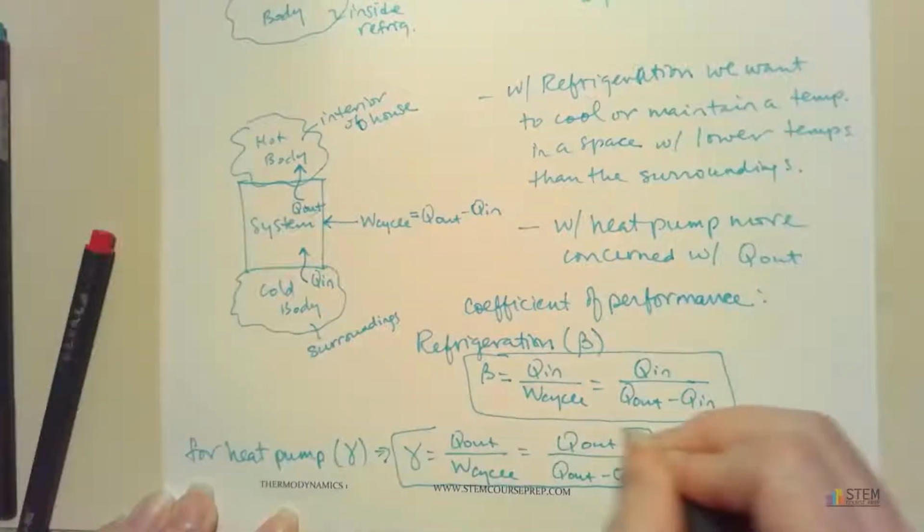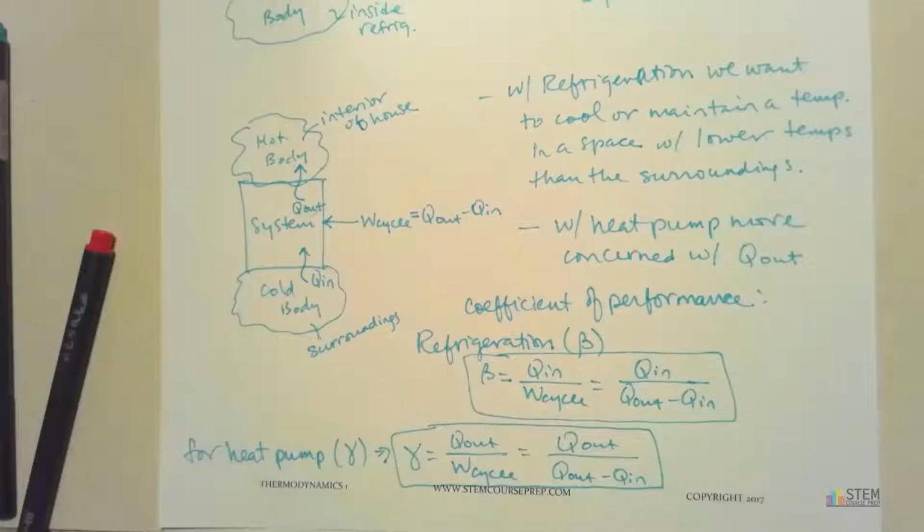Just like that. Okay? So the closer to 1 you get, the better off you are. It's not going to be equal to 1 because that would be a perfect ideal case, which we don't have. There is no heat pump out there that's 100% efficient. But that's how you can measure your performance for refrigeration and a heat pump cycle. Okay? All right, guys, let's stop there and we'll pick it up in the next video.